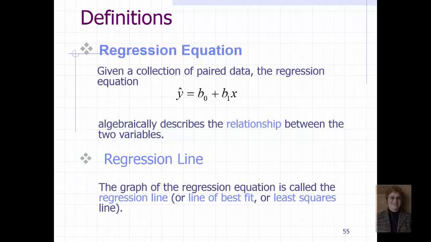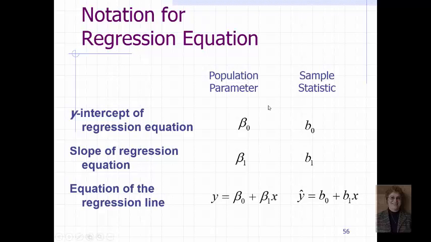Now, the regression line, sometimes called the line of best fit or the line of least squares regression, is the equation that we're going to use for this. Remember, we have population parameters and we have our sample statistic. Our population y-intercept is going to be beta sub 0.